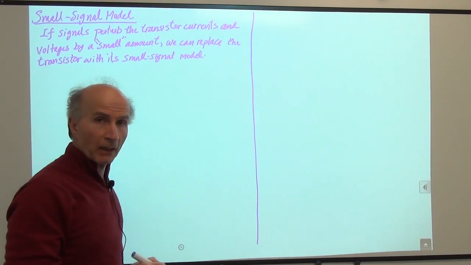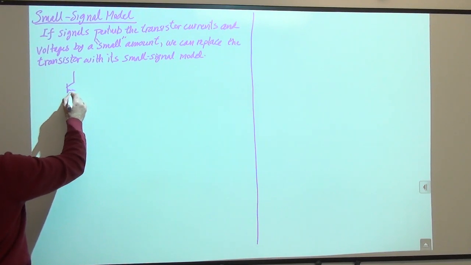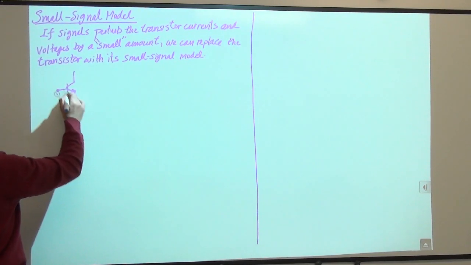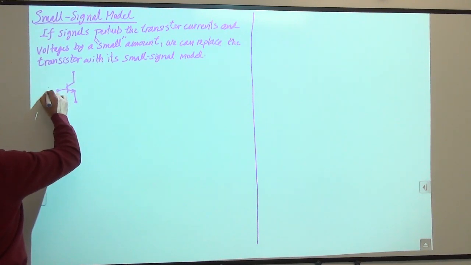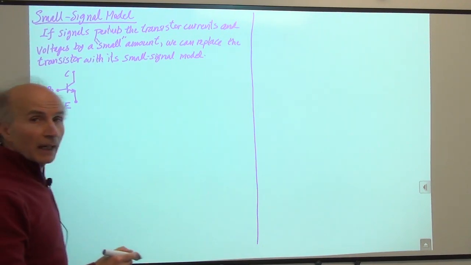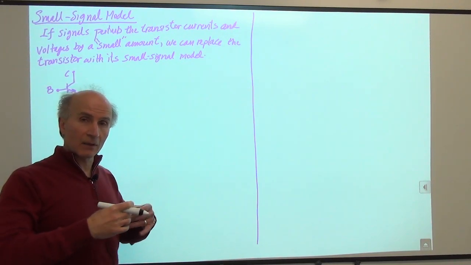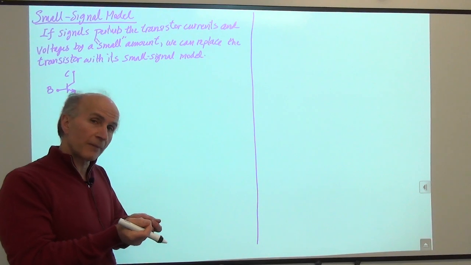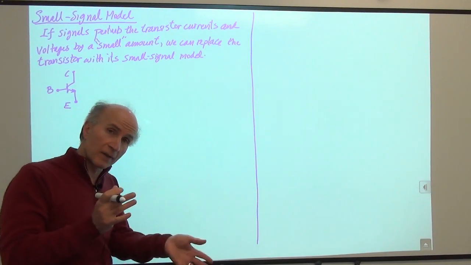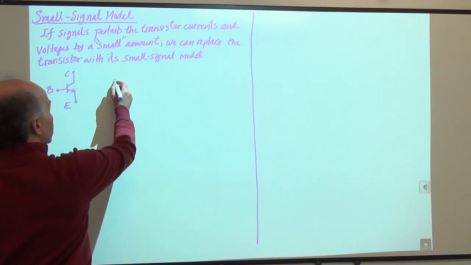Okay? All right, so here's how it goes. I have my transistor looking like this. 3 terminals, base, collector, emitter. And if I know that I'm looking only at how the signal is changing the currents and the voltages, so I'm interested only in the changes in the currents and the voltages, I can replace this device as follows.